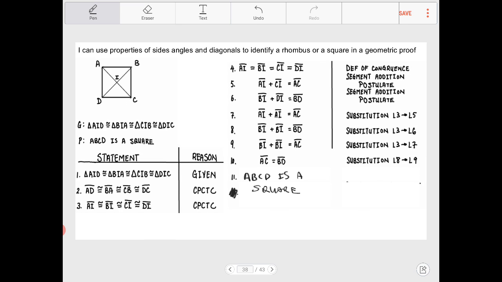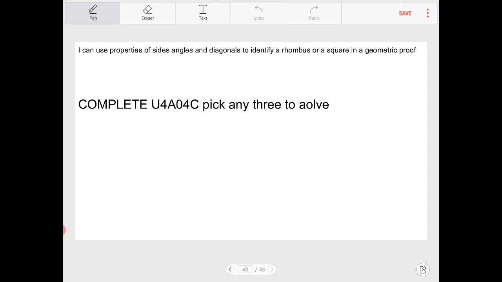Well, that's because all 4 sides are congruent and diagonals are congruent. Okay? And that's it.